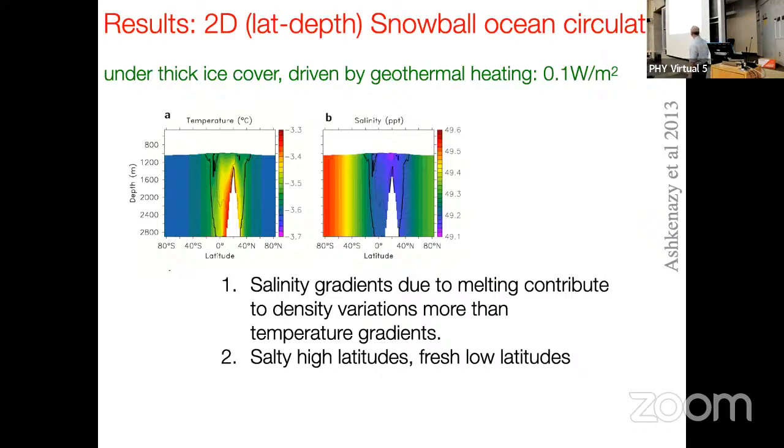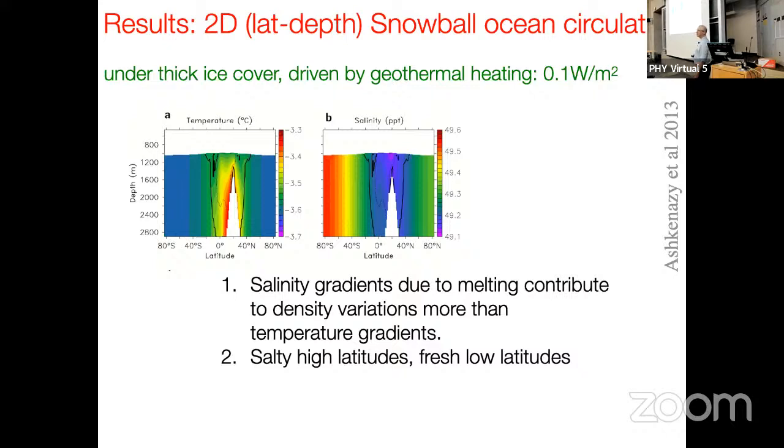It turns out that you get freshening here. You can see that, again, the gradients of salinity are small, but you get freshening here because this warm temperature melts the ice here. So you get melting of ice here and freezing of ice in the high latitudes. And that leads to these salinity gradients.